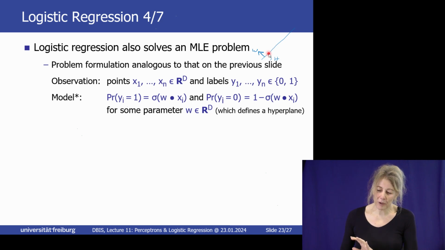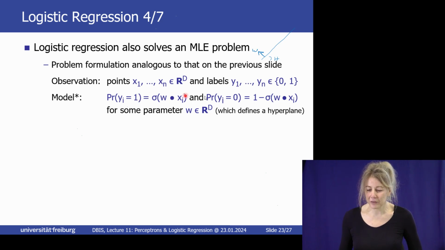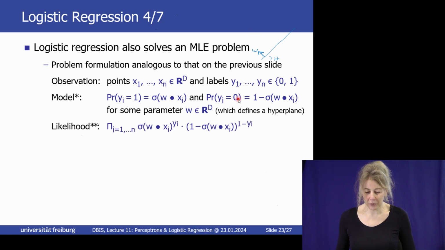I have a hyperplane, on this side, if it's only a little bit away, it's almost surely the label is 1, and on the other side it's 0. And if I'm on the plane, then I get 0.5, and if I'm very close to it, it's also not so clear, but only further away it becomes very clear.